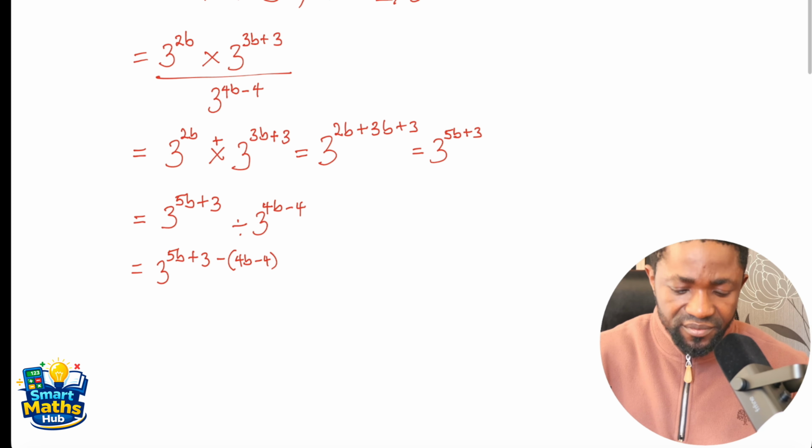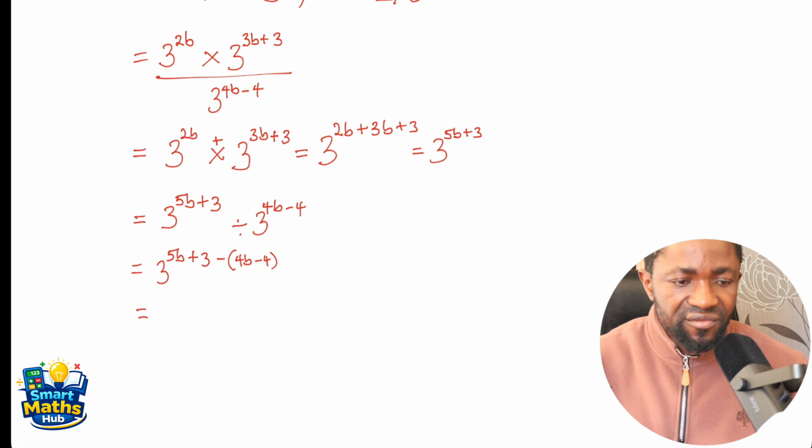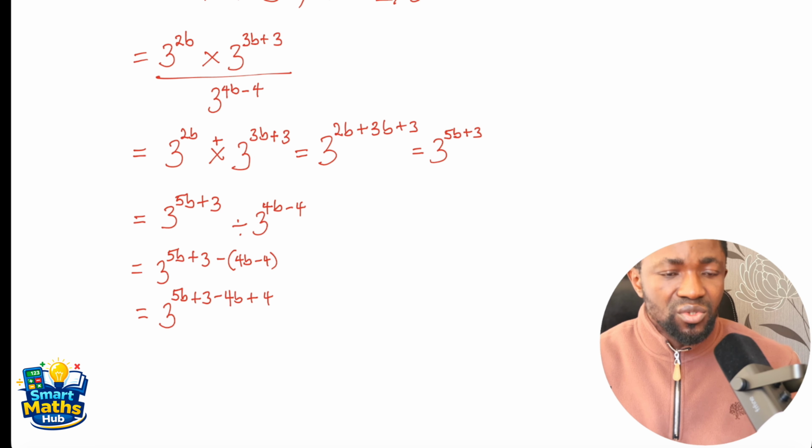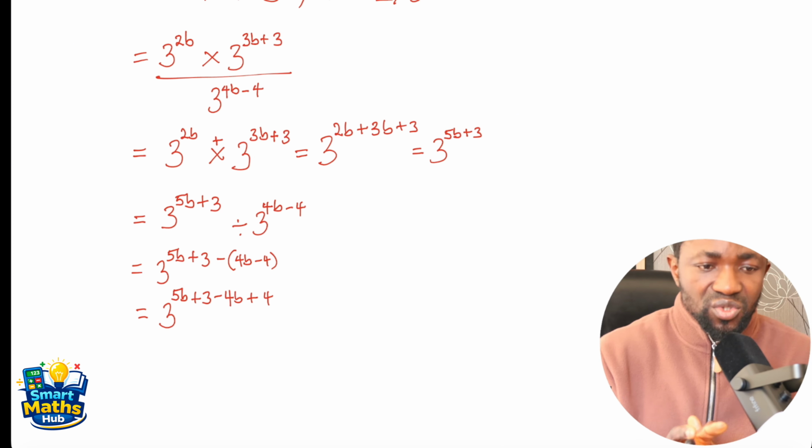So what do we have? We have 3 raised to power 5b plus 3. Now let's open the bracket. You have minus 4b, and minus times minus gives you plus 4. So that's how you solve it.